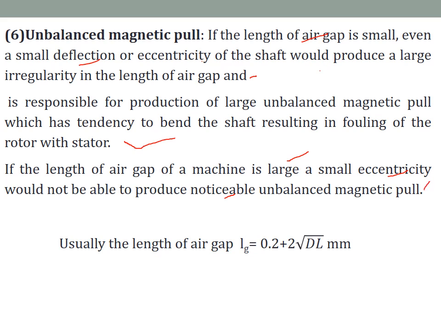So we know that there is an air gap length between the stator and rotor, and that air gap length must be uniform. But due to manufacturing defects, if in some portion the air gap length becomes less compared to other areas, then what happens when it starts rotating?